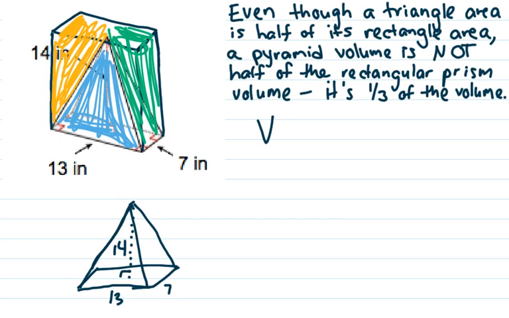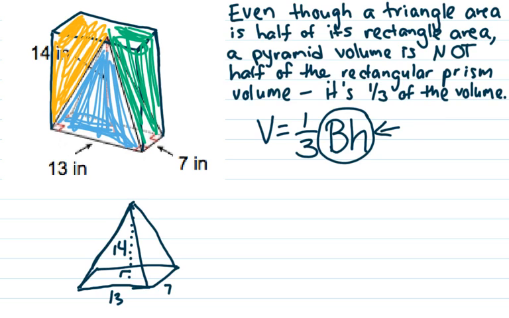So the volume of a pyramid is 1/3 of the base area times the prism height, because the pyramid is 1/3 of the prism. And remember, this part is the prism. The prism's volume. So let's find the base area.